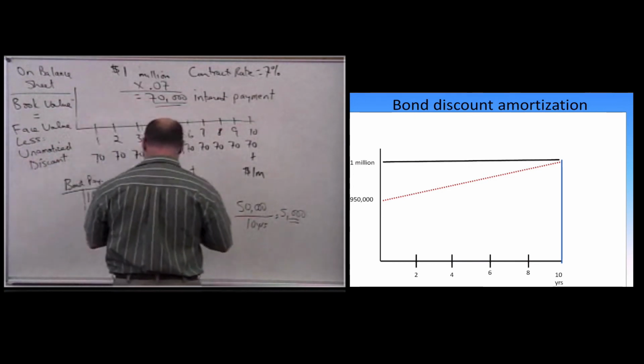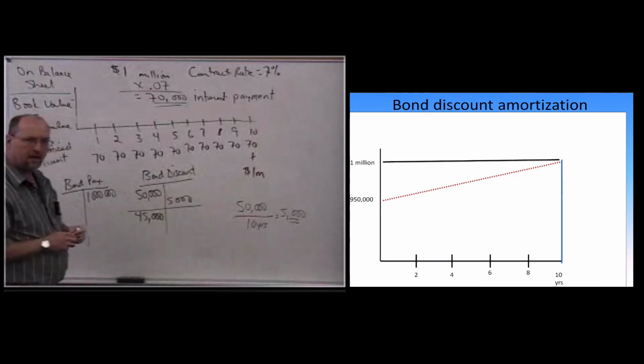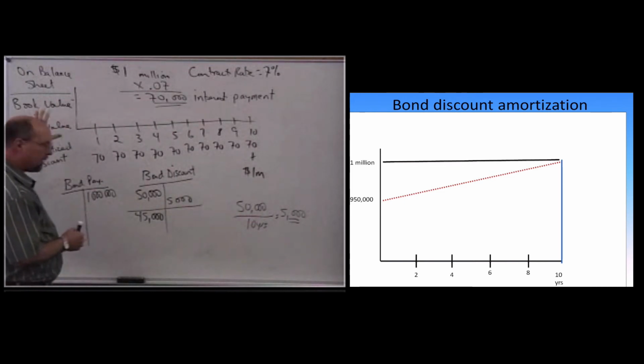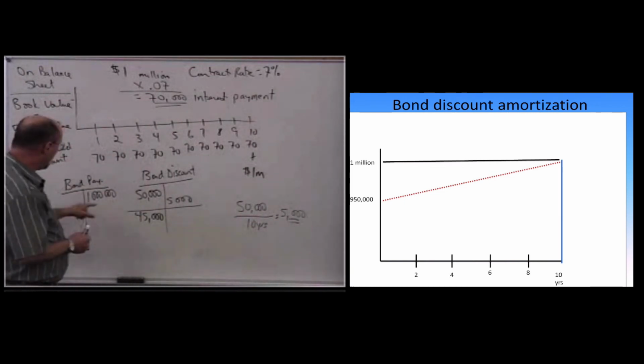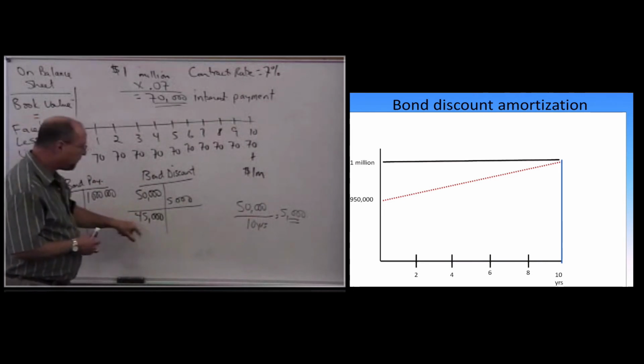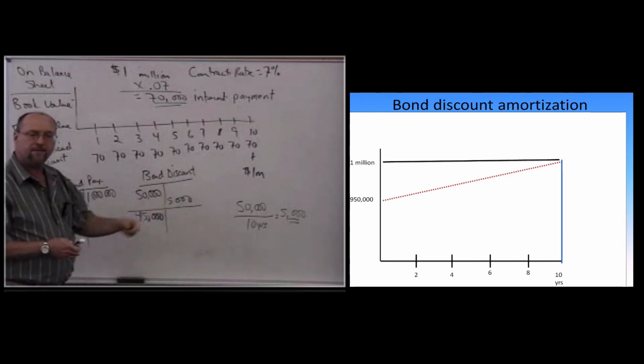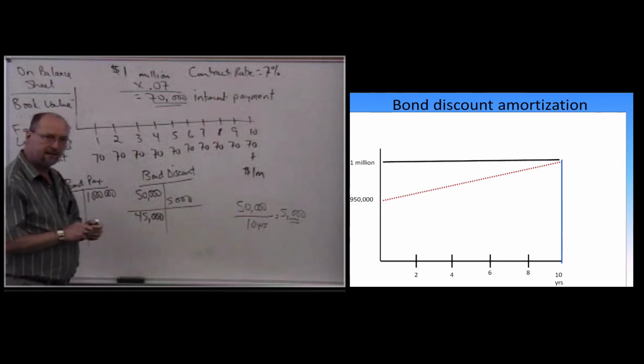So in our example, at the end of year 1, the book value that I put on the balance sheet December 31st would be $1 million minus $45,000, would be $955,000. That's the book value.